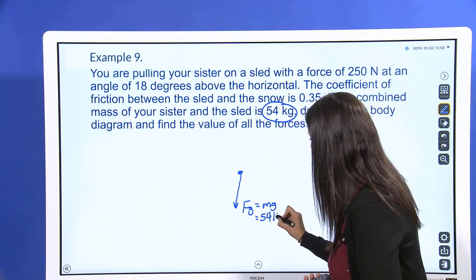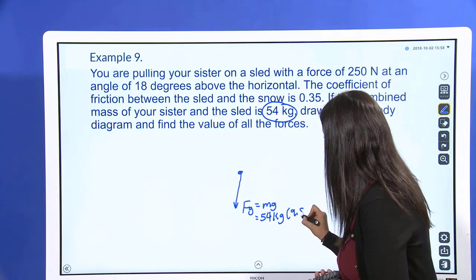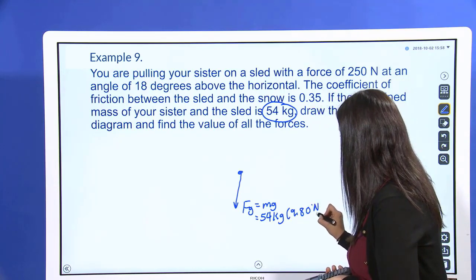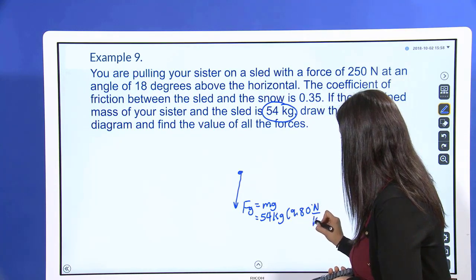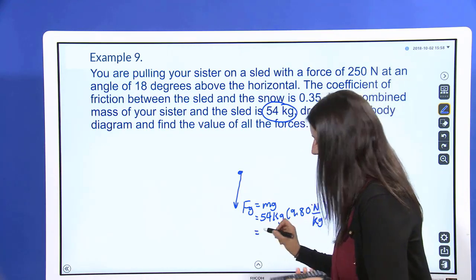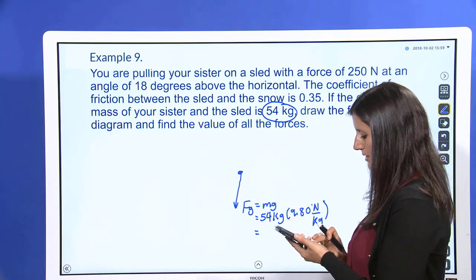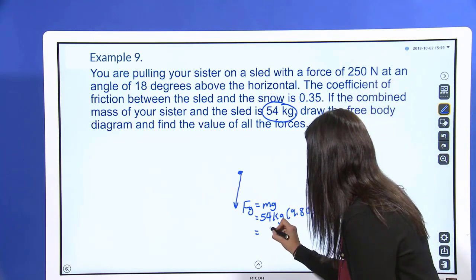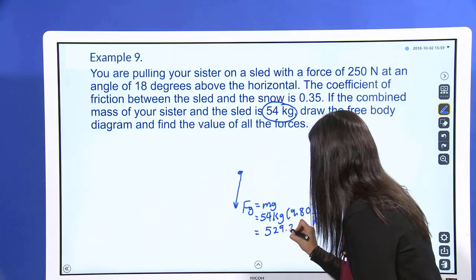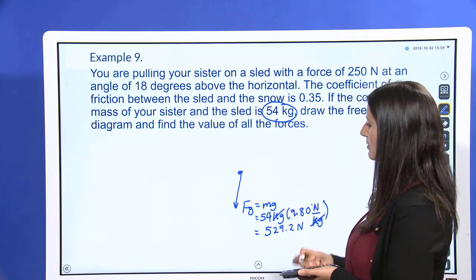My g is 9.80 newtons per kilogram. I'm going to type this up. 54 times 9.80, and I get 529.2 newtons because my kilograms cancel out. So I'm done with my Fg.